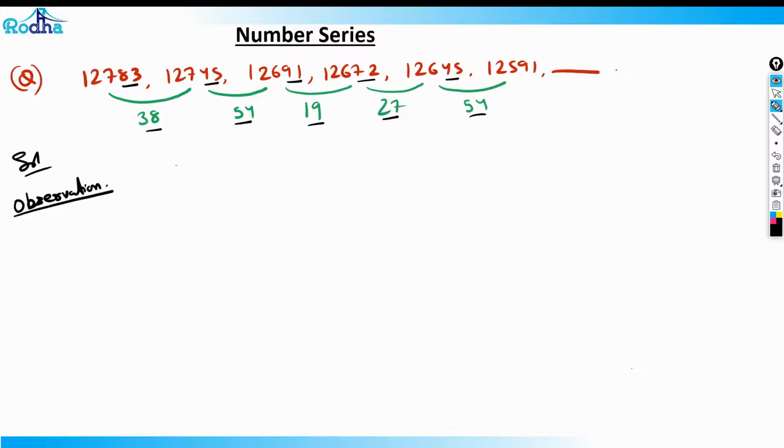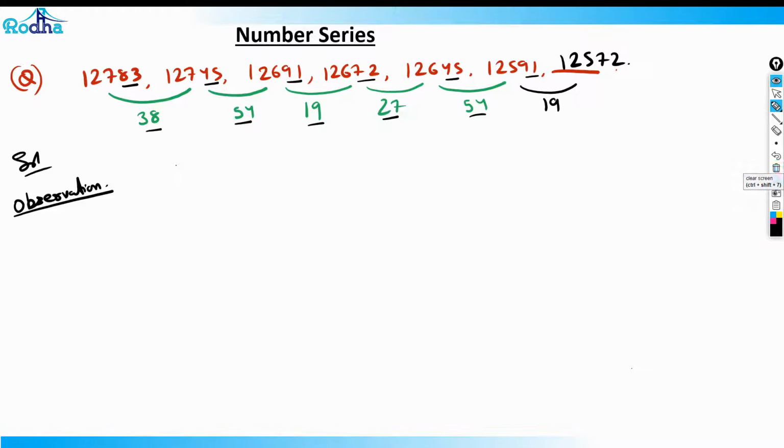Okay, there should be 19, so next should be 91, so 19. If you subtract that 19, so 12,572, that should be the answer. Getting it, right? So basically the last two digits are subtracted from the number to get the resulting answer. Okay, so again a very, very interesting one.